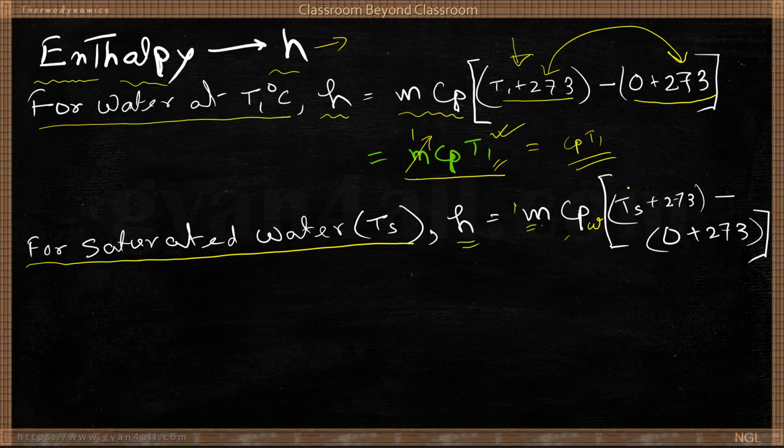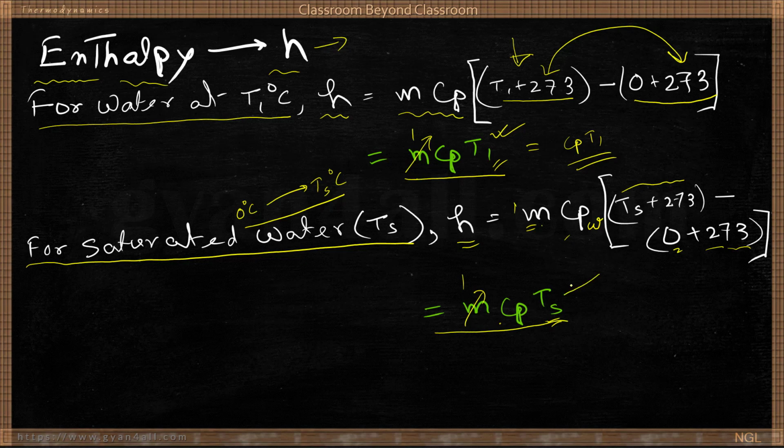Now temperature, from what temperature? From 0 degrees centigrade to Ts degrees centigrade. It is increasing. So that is Ts plus 273 minus 0 plus 273. And what remains? Simply m, which is 1, Cp Ts, and remember this Ts will be the boiling point, not in Kelvin, because this 273 is cancelled. This Ts is actually the change in temperature.